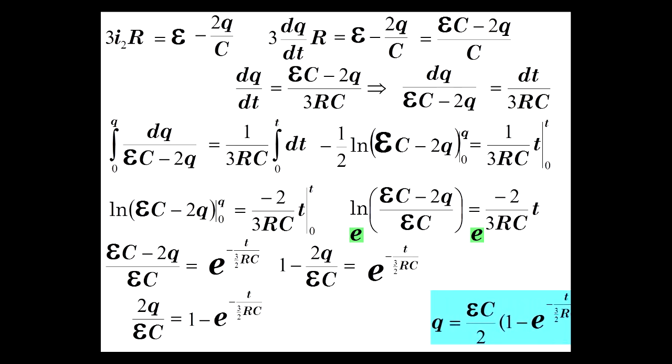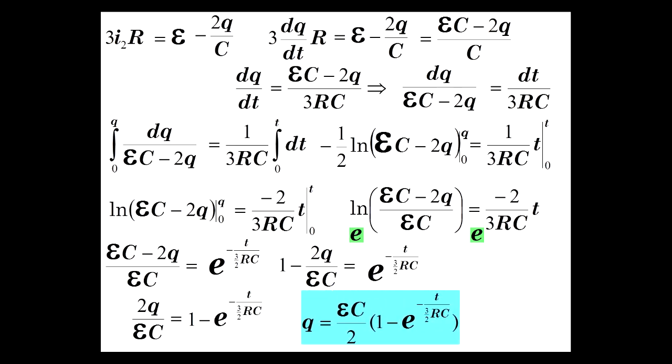And finally, the time-dependent charge is 1/2 of E times C, right? So EC is Q, the maximum Q, but it's only half. You can think of it as follows, that in the end, we only have half of the voltage, EMF over 2, across that leg with the RC leg that's in question.